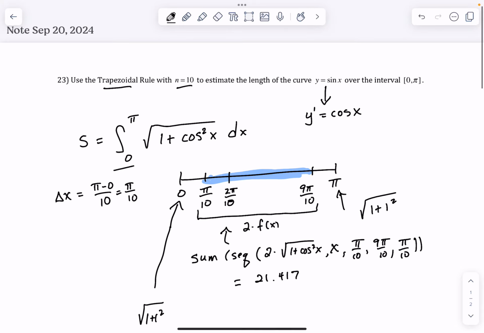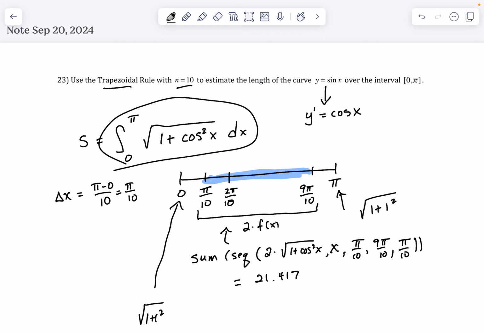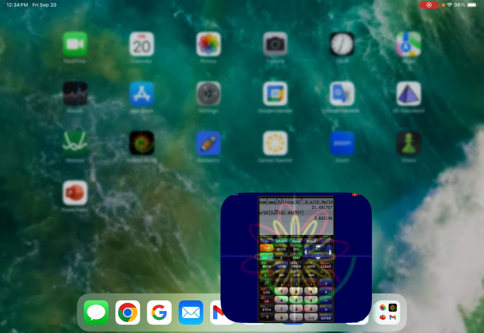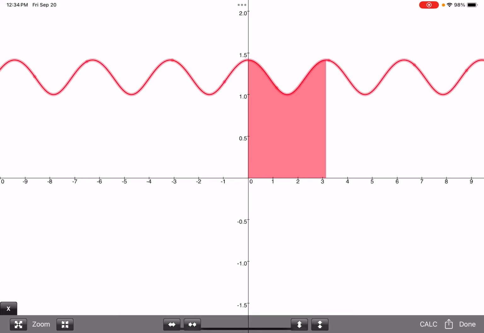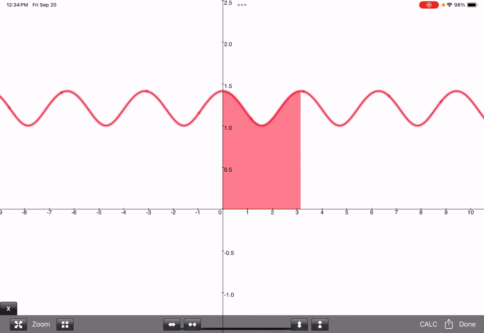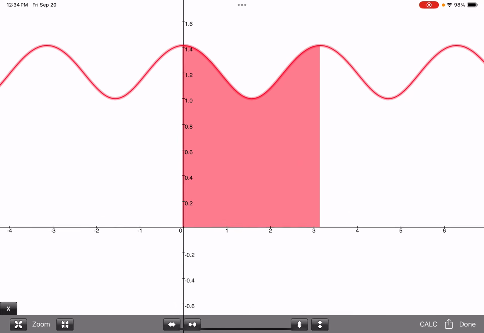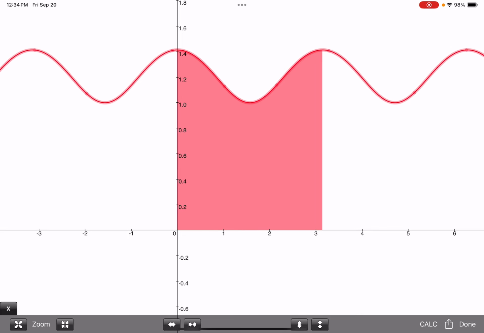And then I want to see how accurate that is. So I'm going to go back and graph this and have the calculator find the integral and see how close we are. So now I'll go back to the graphing calculator, put y equals, oh, somebody was nice enough to type it in for me. There's the function. And then just go to the graph. And you can see I was practicing before you got here because I actually already integrated it.